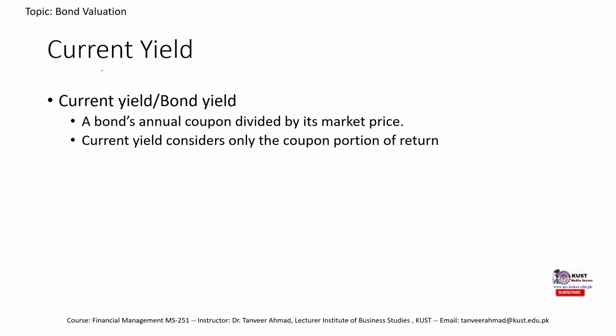But what if we needed to know our annual investment, or the income that we are going to earn just by the coupon? To find that, we use the current yield, and current yield is the bond's annual coupon divided by its market value. So the current yield only considers the coupon portion of the return.